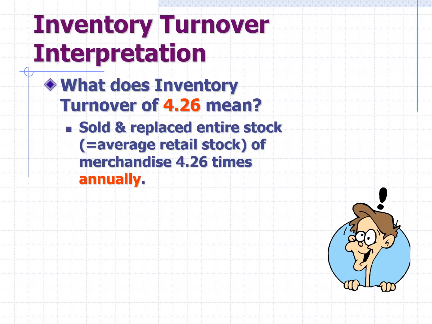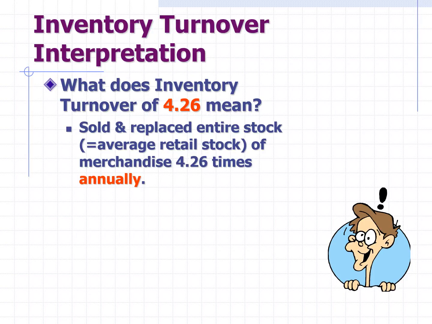So the turnover we calculated was an annual turnover. 4.26 means that the store sold and replaced the average stock 4.26 times during the entire year. 4.26 of annual turnover and 4.26 of seasonal turnover will mean completely different things, right? 4.26 times the merchandise moving through annually over the entire year versus 4.26 times just in a season, they mean very different things.